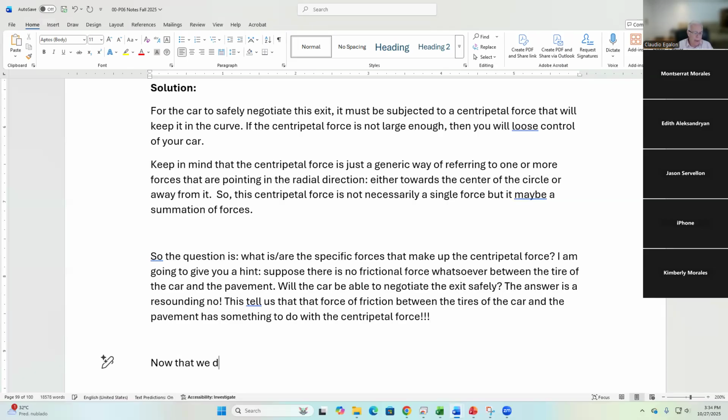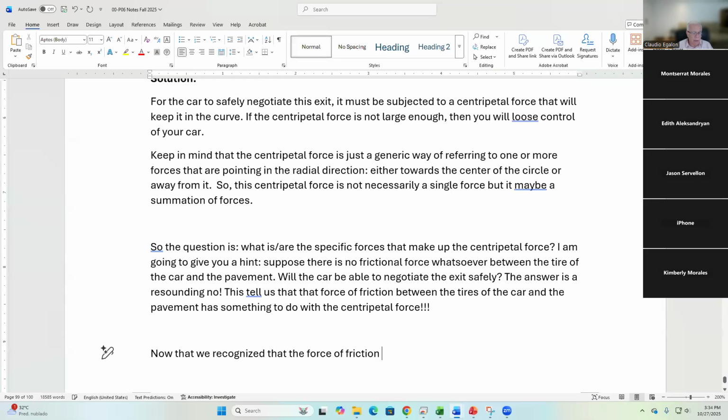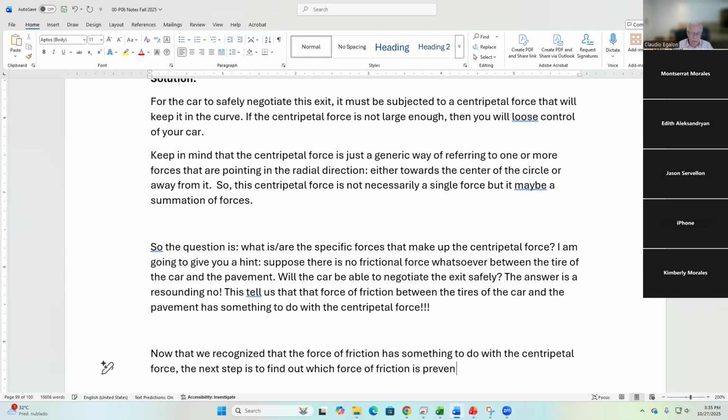Now that we have recognized that the force of friction has something to do with the centripetal force, the next step is to find out which force of friction is helping you.